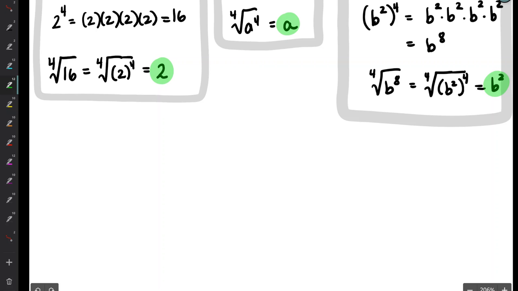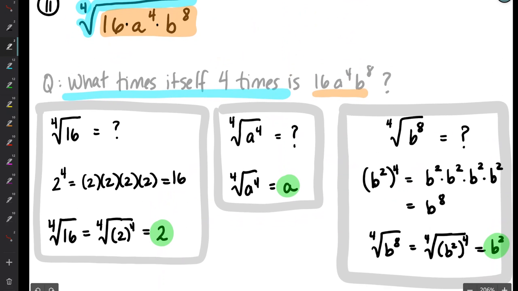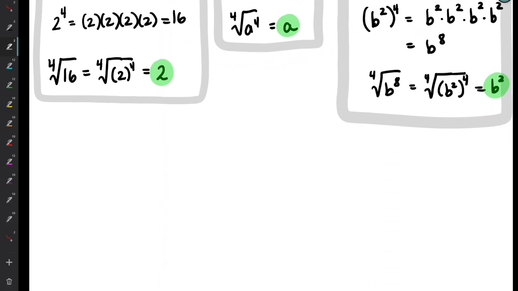Another way to approach this, let's just look at it another way. We've got 16 a to the 4th b to the 8th. And I want to know that's what all to the 4th. Right?